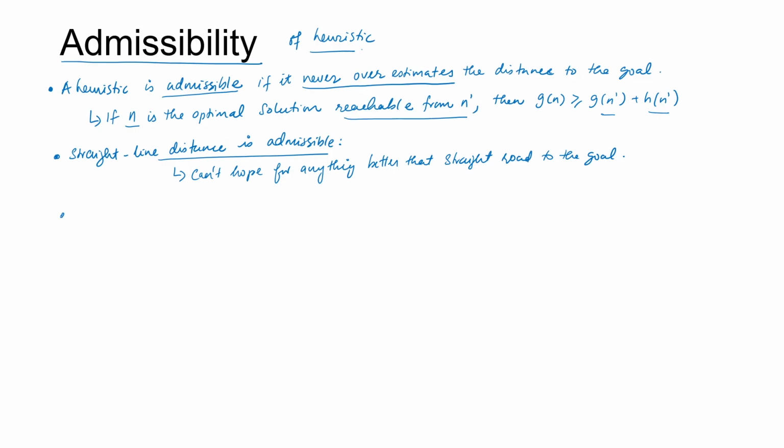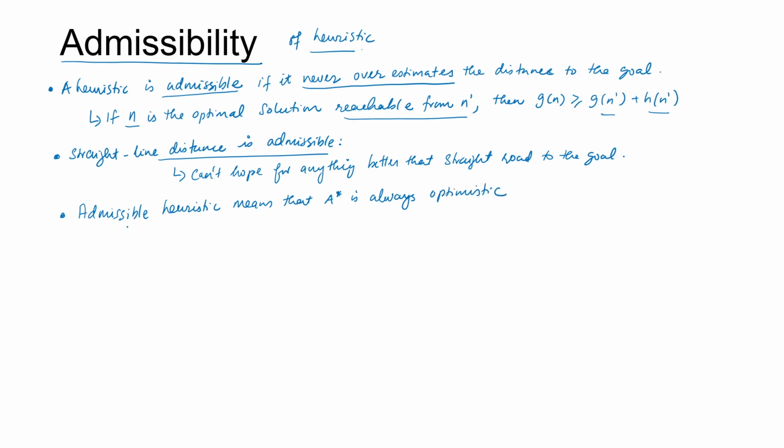Okay. So, admissible heuristic means that A star is always optimistic.